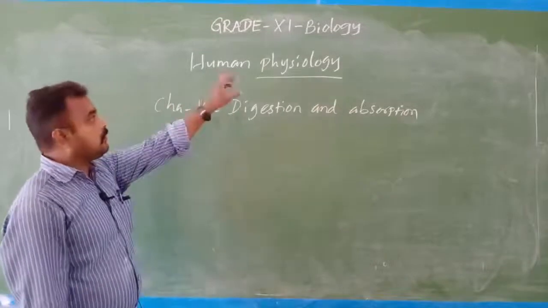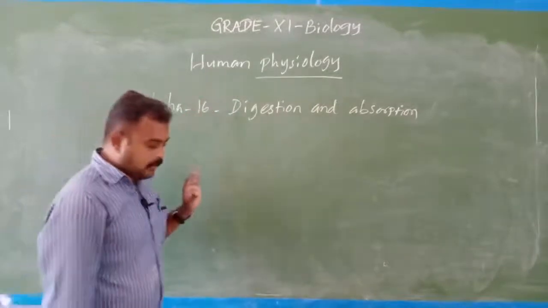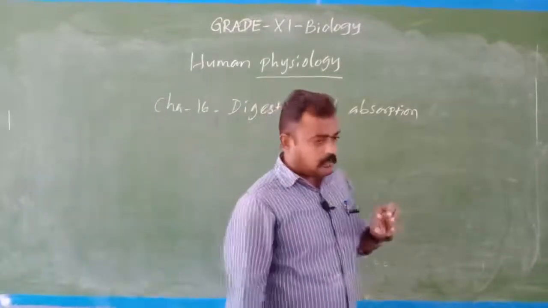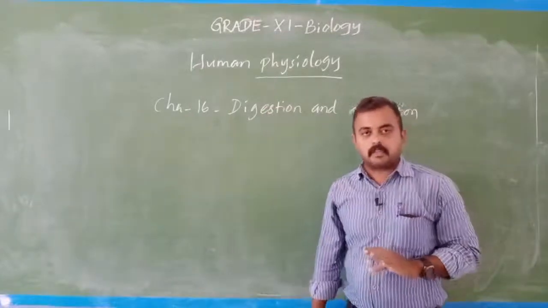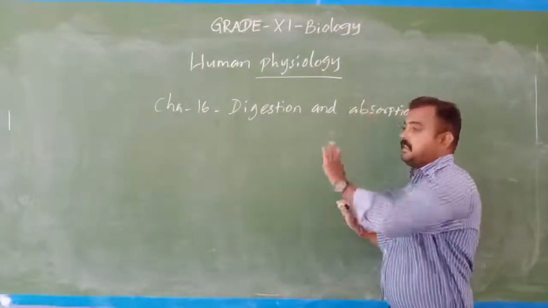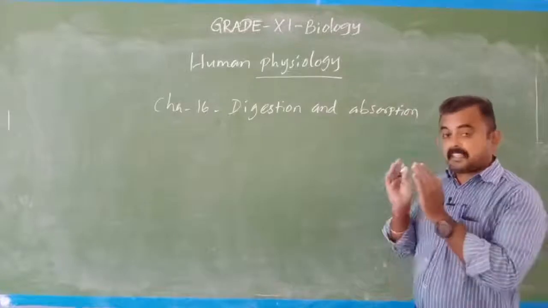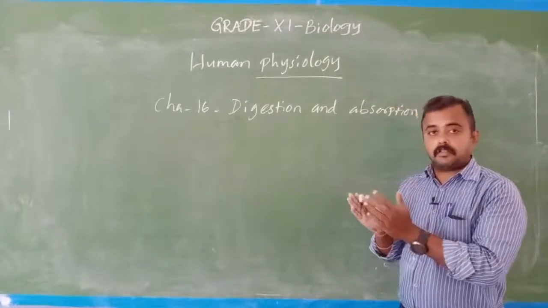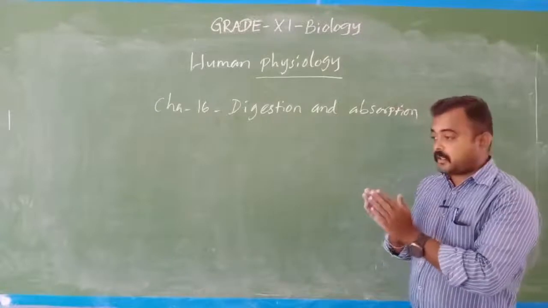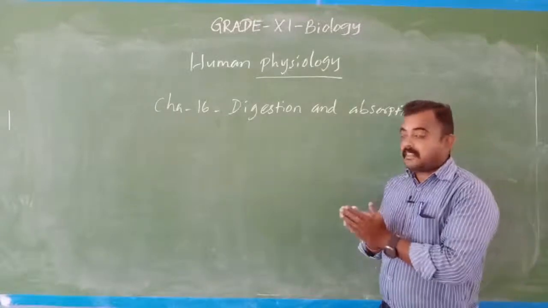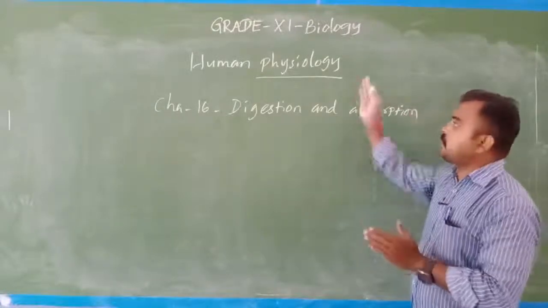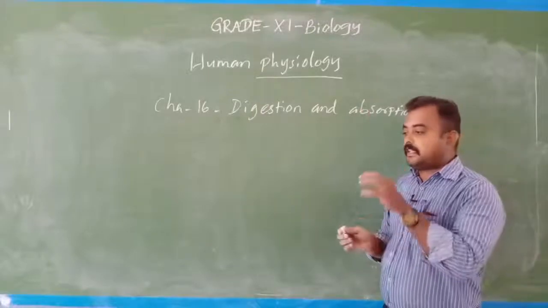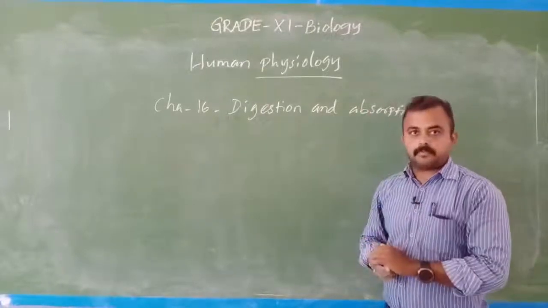The word physiology, what is it? Physiology deals with internal structure and their functions, especially kidney structure and functions, then the heart and its functions, then the stomach and its functions. Like that we are studying in physiology. Actually it is at the molecular level also, right?